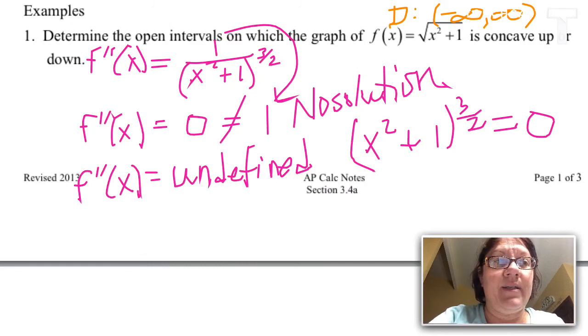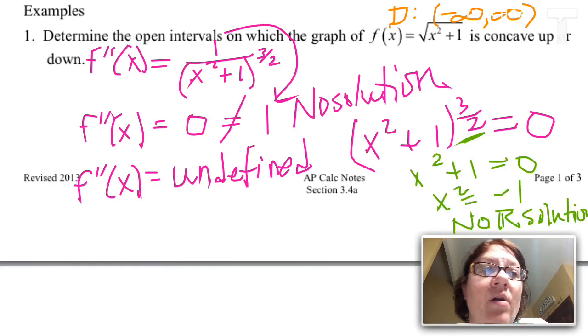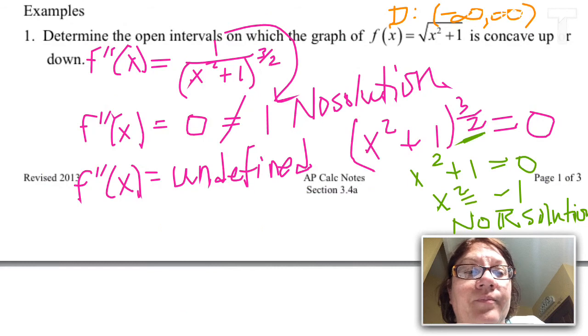Right, it's going to be positive. And then if I add 1, it'll still be positive. And if I take the square root, it'll still be positive. So that will never be 0. So I'll get no real solution for that.